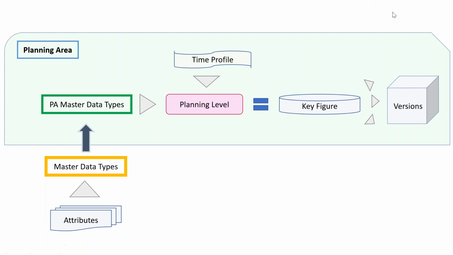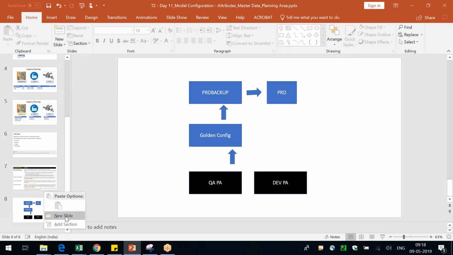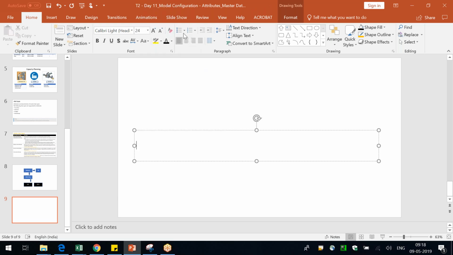So just a small recap, guys. What we have done: created some attributes, extended them to a master data. Let me write that down. Okay, create an attribute, right? And then created a master data, mapped all the attributes.